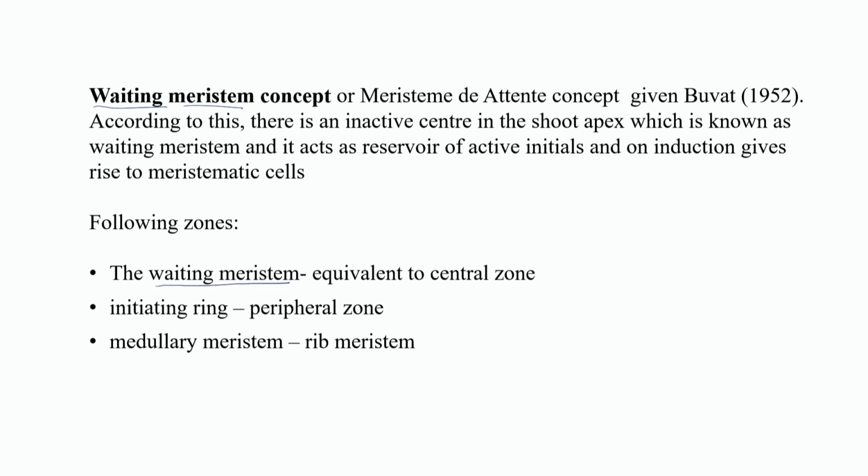Waiting meristem means they are waiting to become meristematic in activity. So they are non-dividing cells, but they will become meristematic when required. Then there is the peripheral zone, which they have named the initiating ring, and the medullary meristem, which is equivalent to the rib meristem.